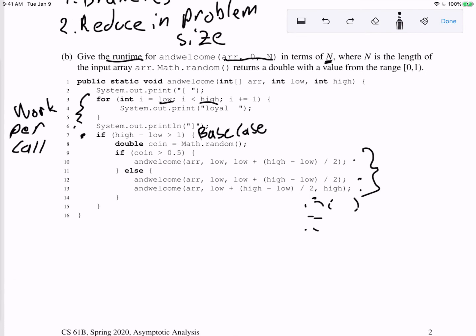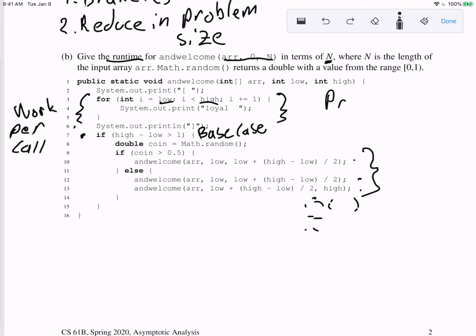We note that this for loop goes from low to high and does constant work for every number between those. If the difference between high and low was super big, like 1,000, that would make this run way slower than if the difference was small, like 10. So that's what we're going to define as our problem size.